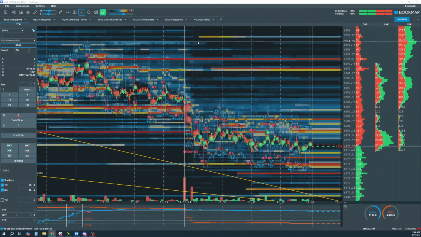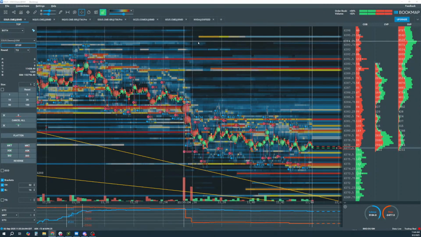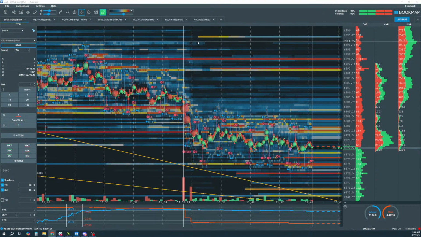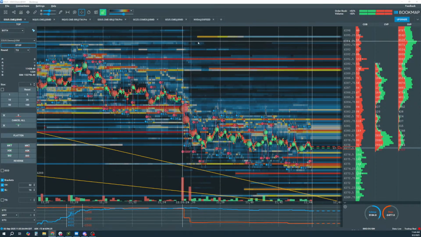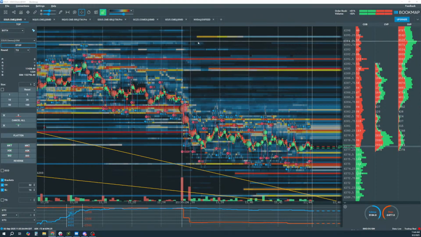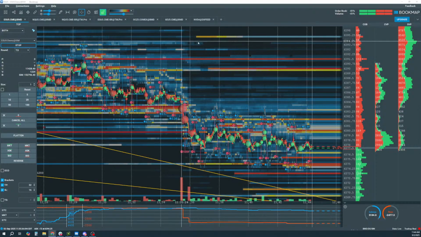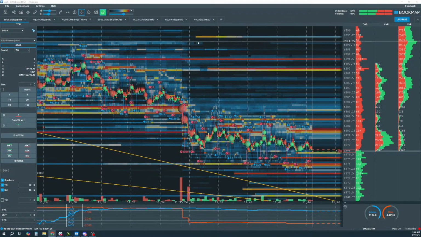That's actual accounts or positions being liquidated, getting margin calls basically. And a stop run might be a margin call, but it doesn't have to be. It just could be people getting stopped out.